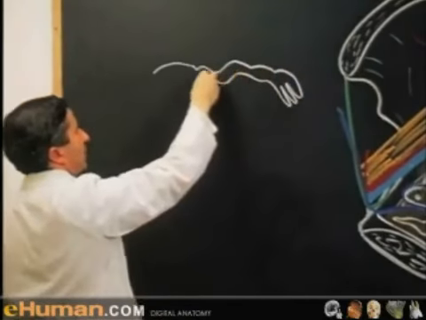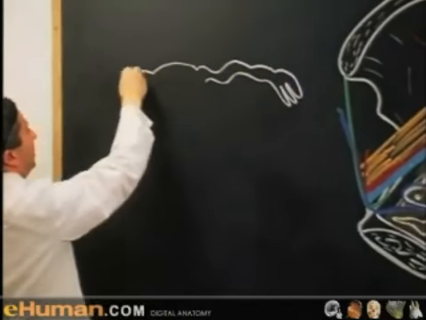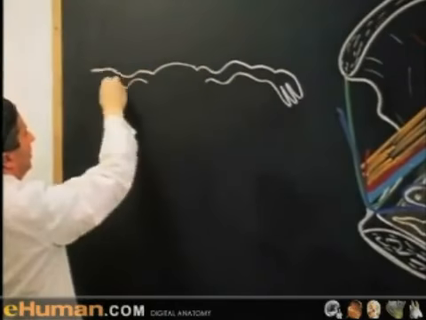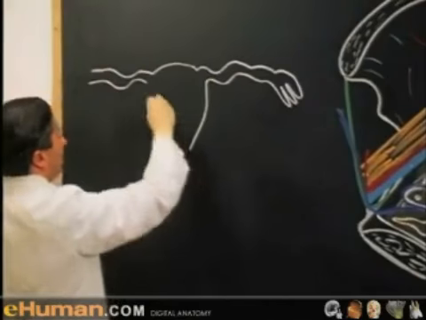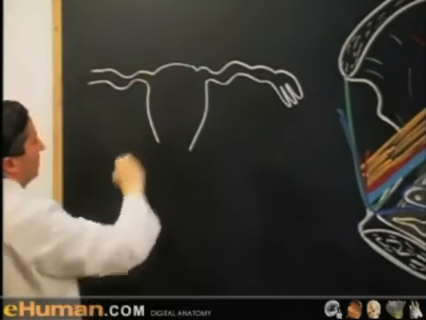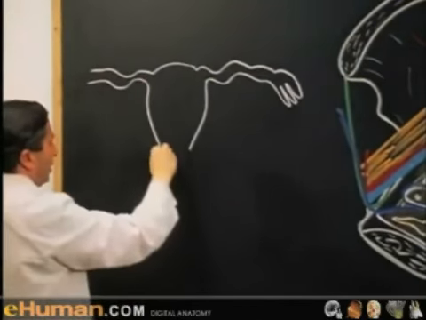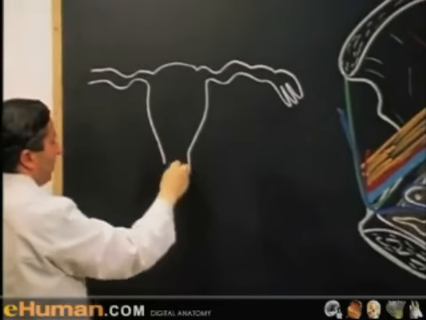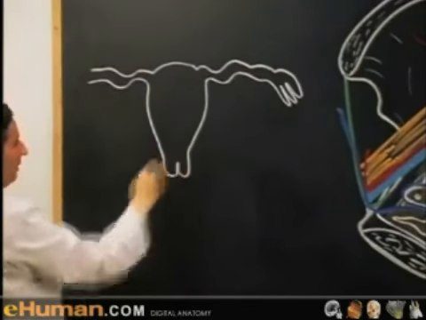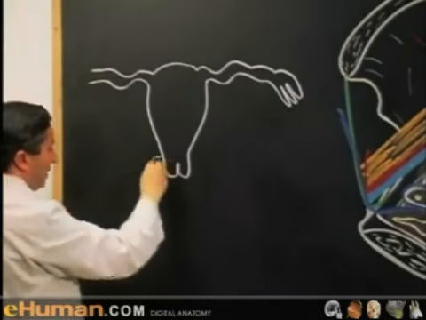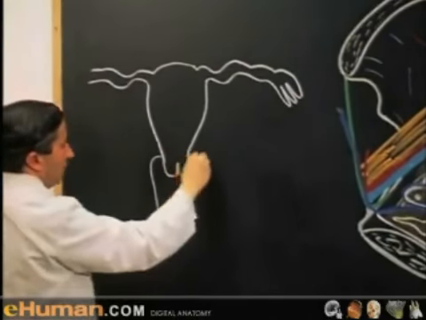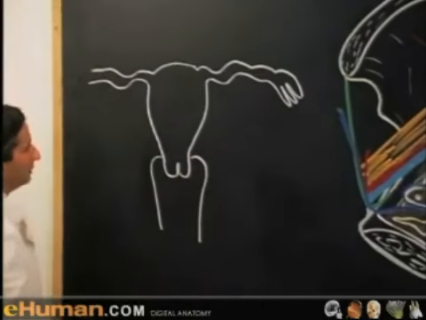So here's the uterine tube on this side and the uterine tube on the other side. And here's the lateral wall of the body of the uterus, and then it narrows down to become the cervix with the cervical canal, the external os of the cervix, and then I'll just indicate the position of the vagina.